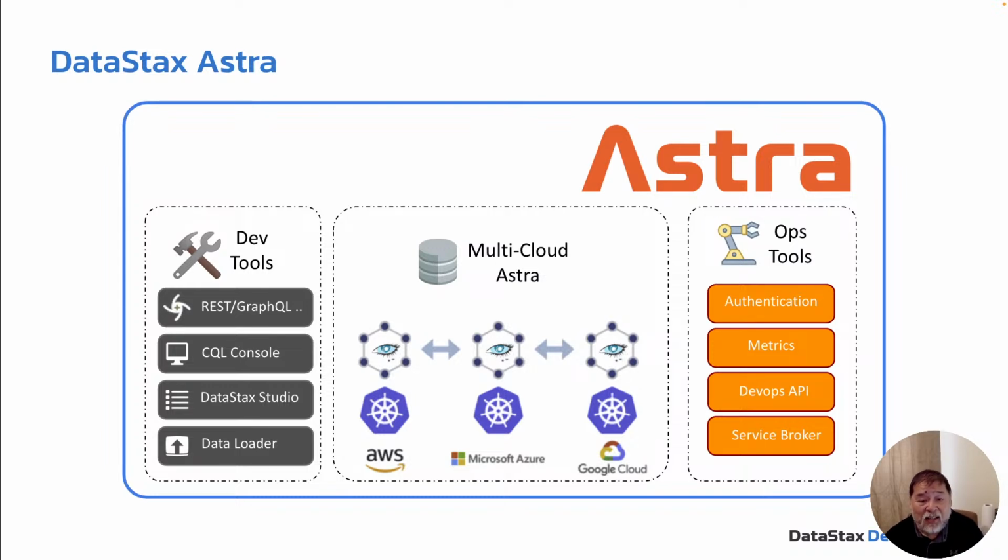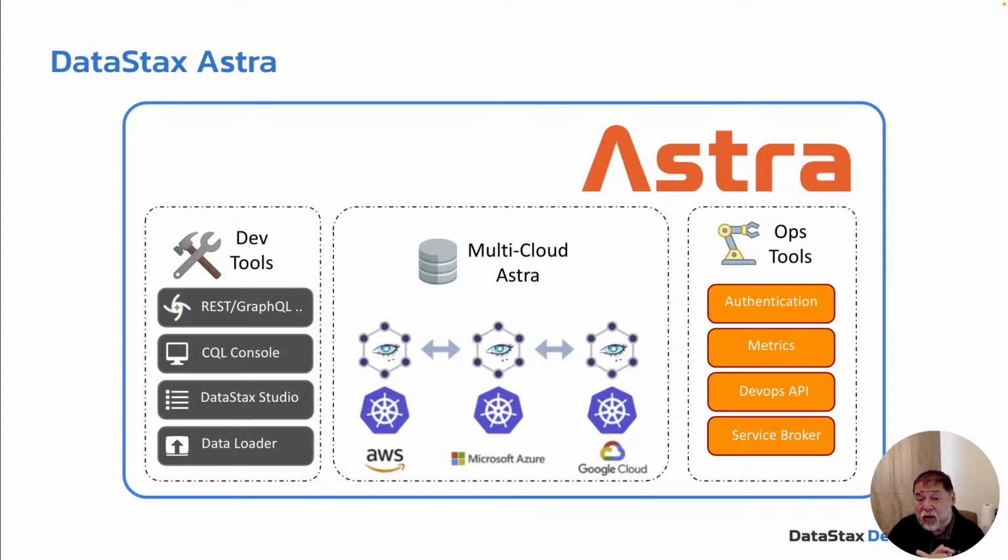ASTRA also has a number of ways to access it. There is a framework. You see the top icon here under DevTools. There's an API called Stargate. And Stargate is an open source API that sits on top of Cassandra or ASTRA and allows you to access it a number of different ways.